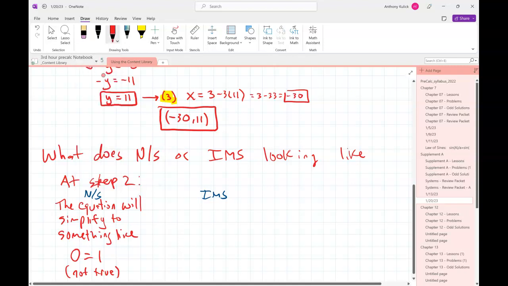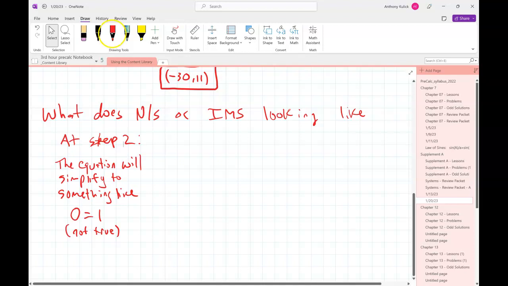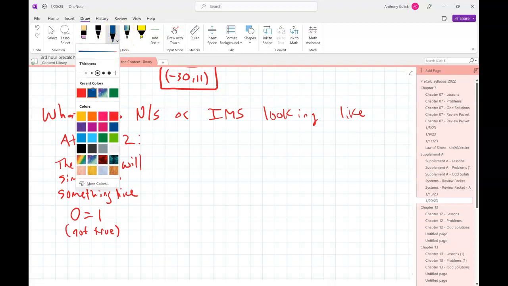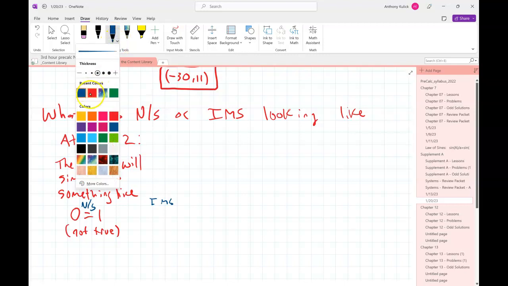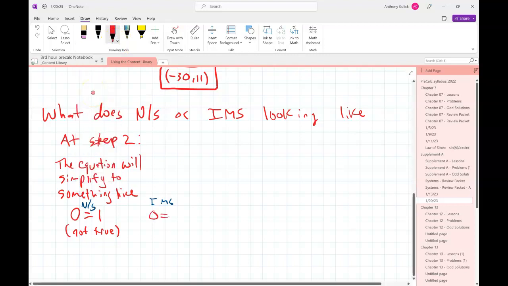So in an infinitely many solution situation, actually, let's do it here. That would be less writing for everybody. You'll get something like 0 equals 0.